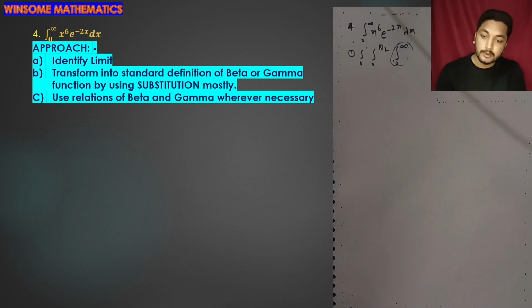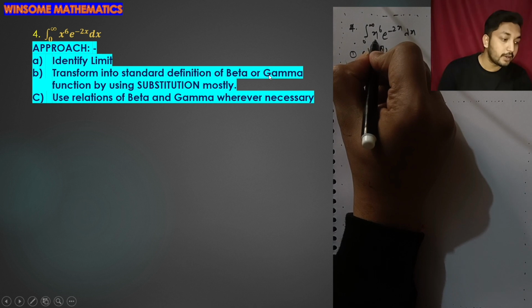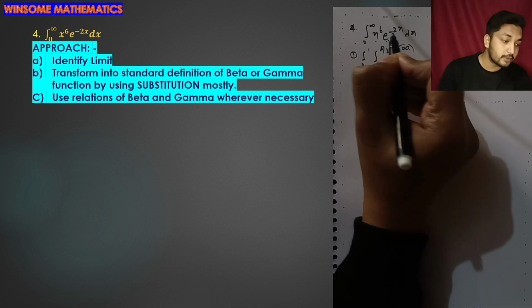So our second step is what? We have to transform it into the standard definition of beta or gamma, whichever is convenient. So just compare this question with the definition.